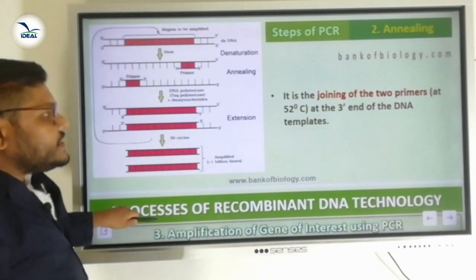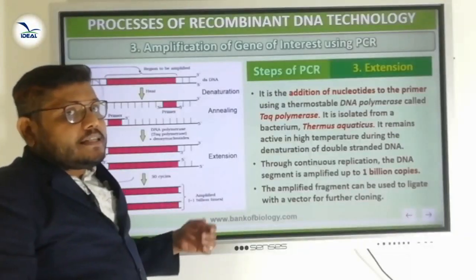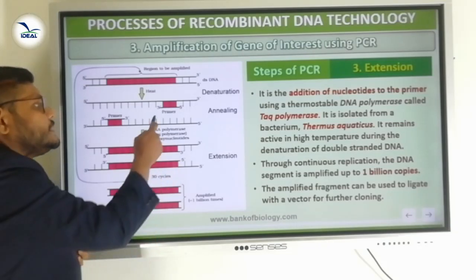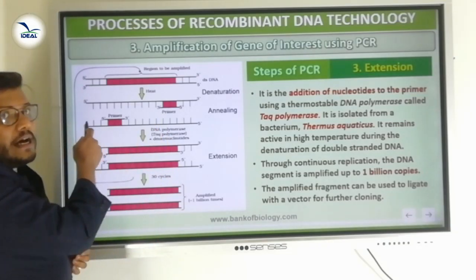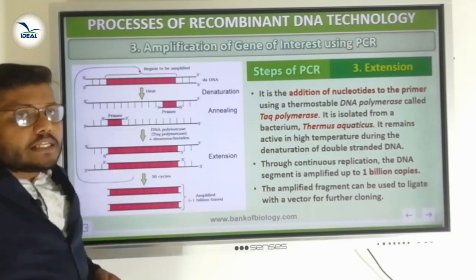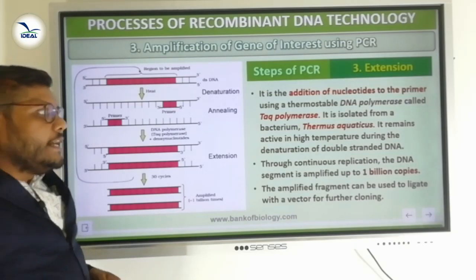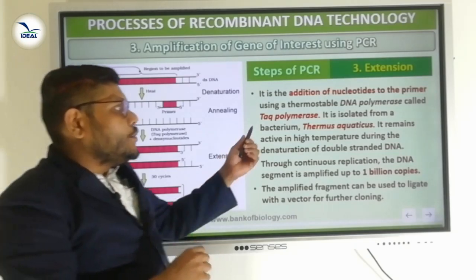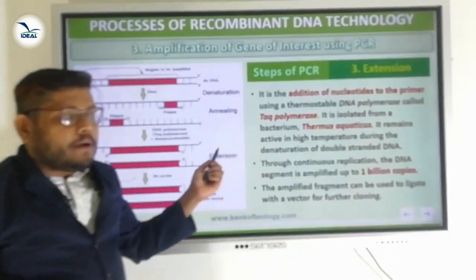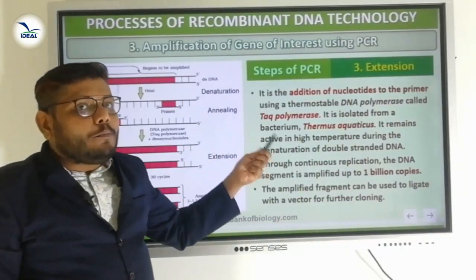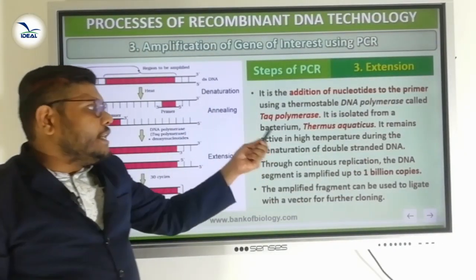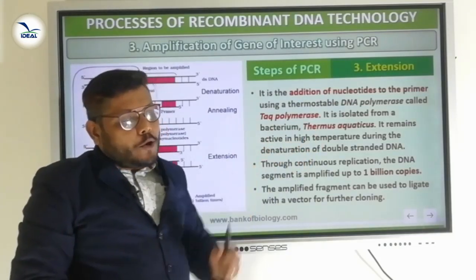After that, the next step is extension. Extension is primer extension. The primer is extended by using the DNA polymerase enzyme. What DNA polymerase enzyme are we using? A thermostable DNA polymerase enzyme called Taq polymerase, which is isolated from the bacterium Thermus aquaticus.